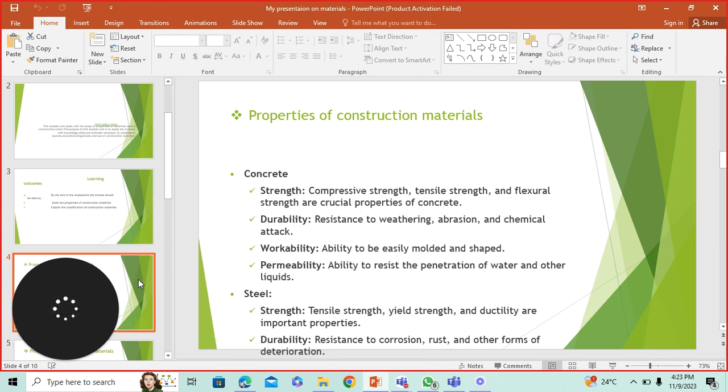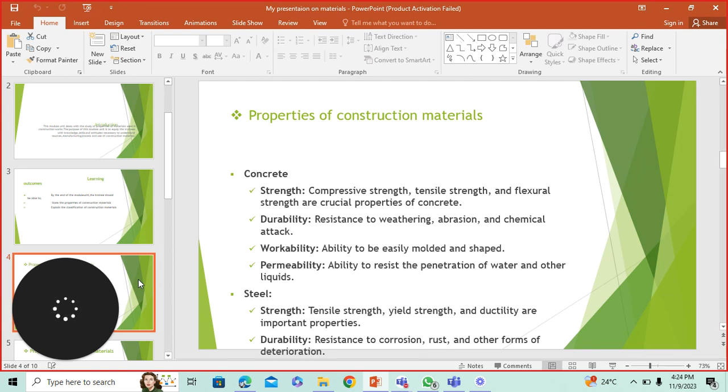So the properties of the construction materials. Let's first start with concrete, as you can see on your screen, and steel. Those are two of the materials, but we still have others which we will cover in our next slide. The properties of concrete: number one, strength.